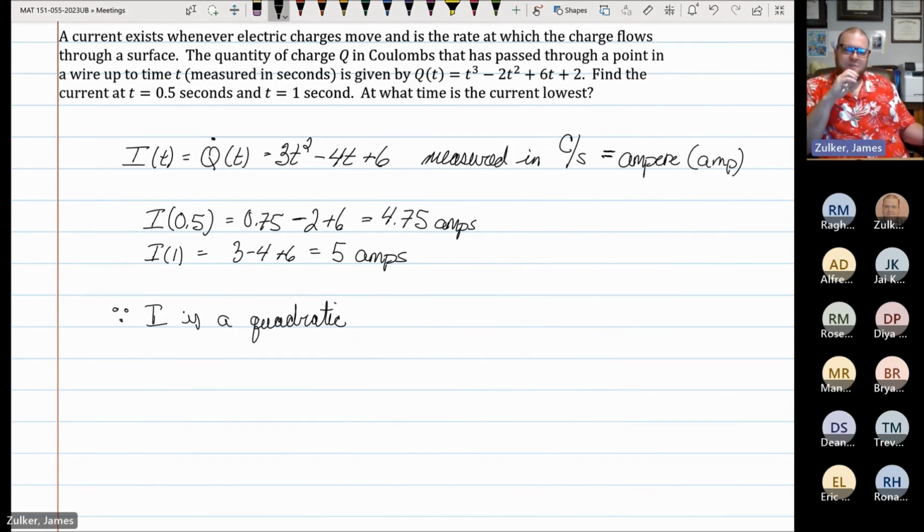And what is the leading coefficient of I? It's 3, isn't it? Which is positive.